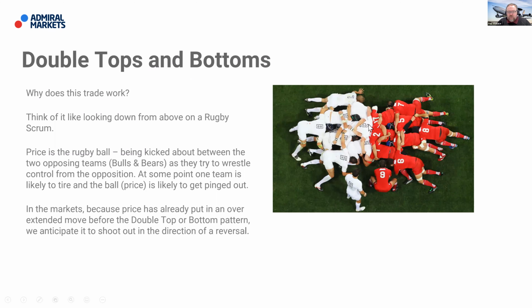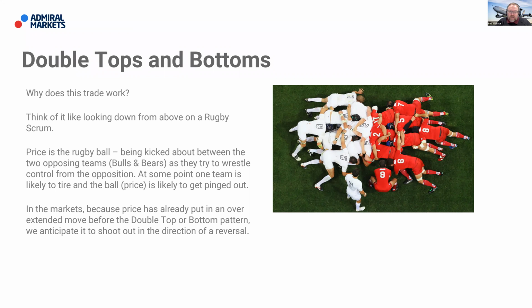What we talked about was why the double top and bottom trade works. I admit, I am a rugby fan, an ex-rugby player, and I look at double tops and bottoms a little like looking down from above on a rugby scrum. If you're new to rugby, it's where the two forward packs line up and give each other a shove, and the ball gets thrown in.